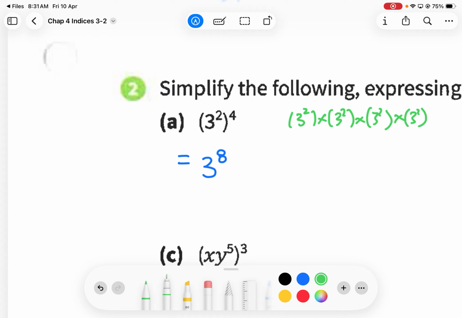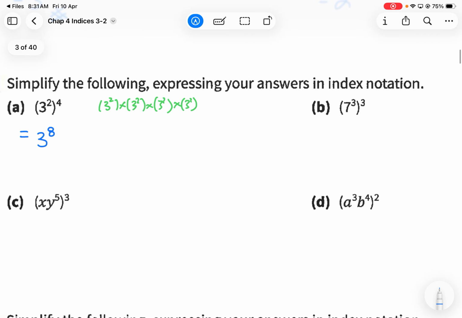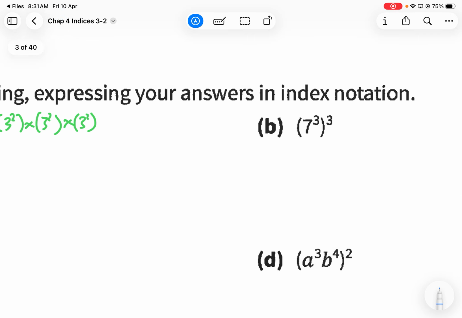That's why there are 4 times of the 2. Yes, Gerald. Okay. So 7 to the power of 3 to another power 3, 7 power 9.